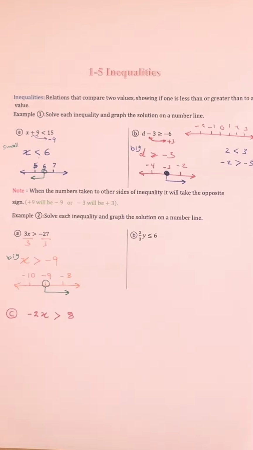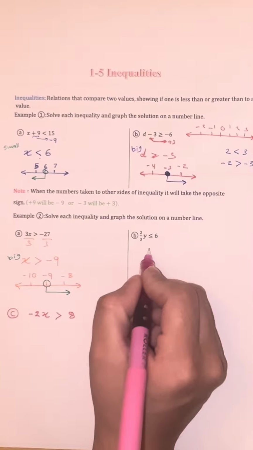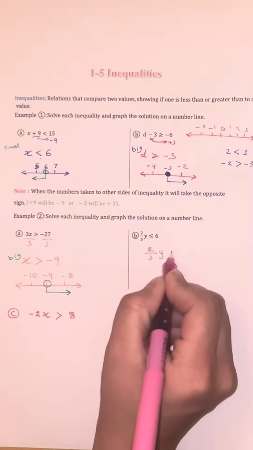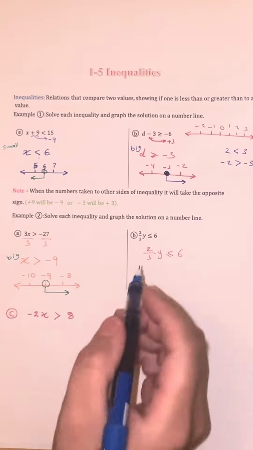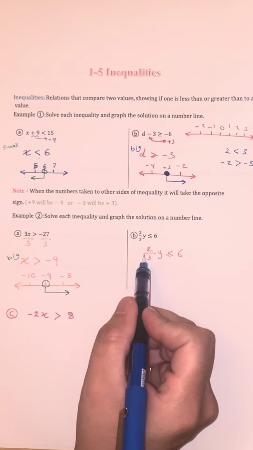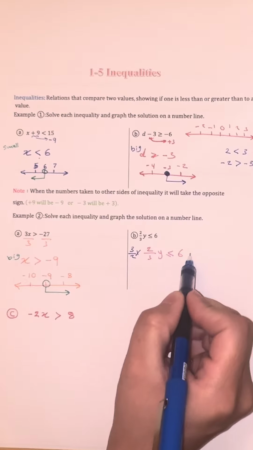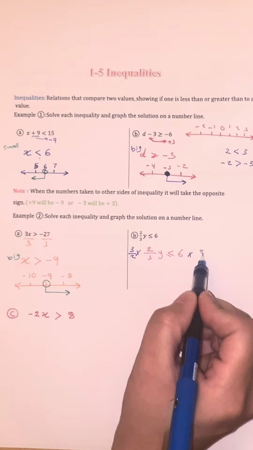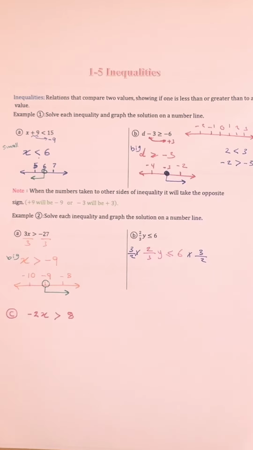What about if we have a fraction as a coefficient of the variable? I will write the same question. If we have a fraction with a variable, I will multiply both sides by the reverse of the fraction. It's 2 over 3, so I will multiply both sides by 3 over 2.